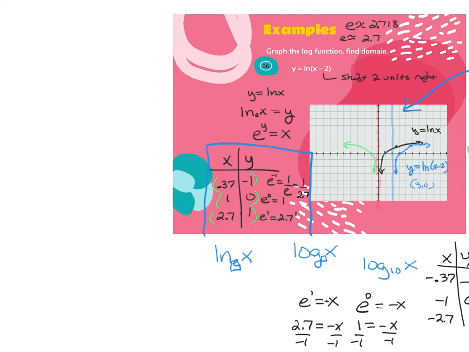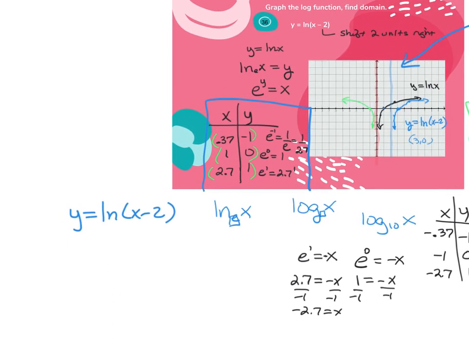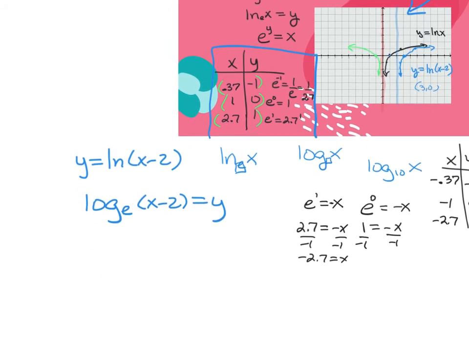So we could turn this into y equals ln of x minus 2. Remember, this is also equivalent to log base e of x minus 2 equals y. And I can go ahead and plug in the 0.